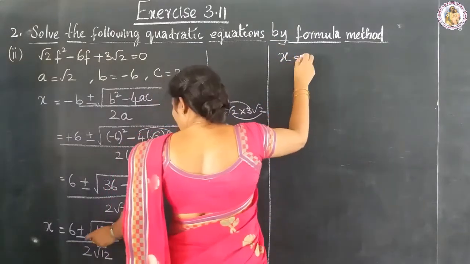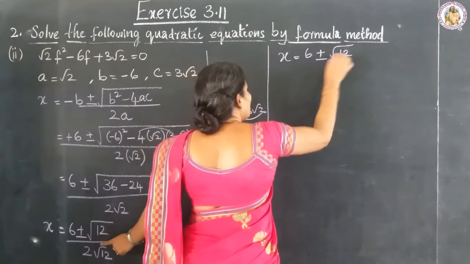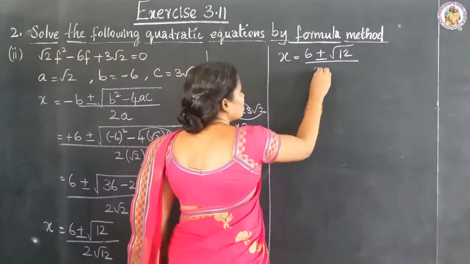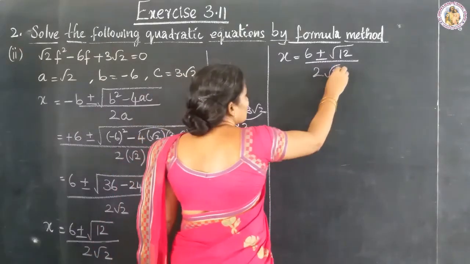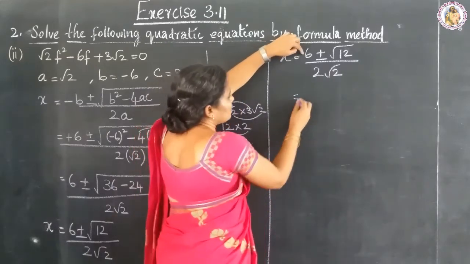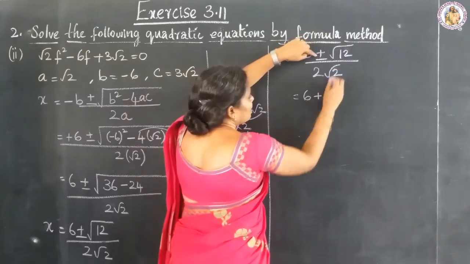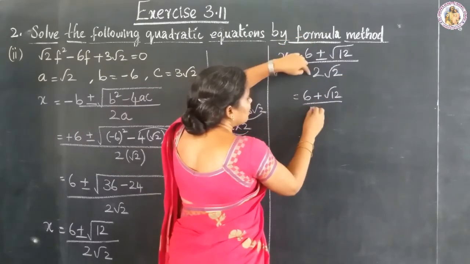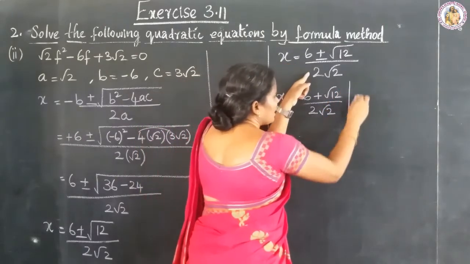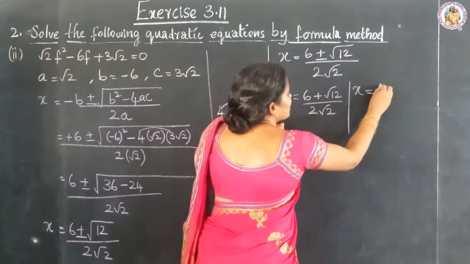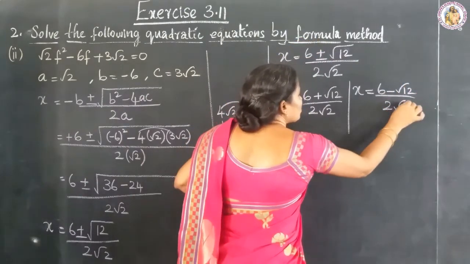X is equal to 6 plus or minus root 12 divided by 2 root 2 is equal to 6 plus root 12 by 2 root 2. And again x is equal to 6 minus root 12 divided by 2 root 2.